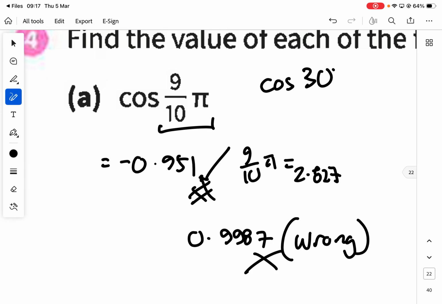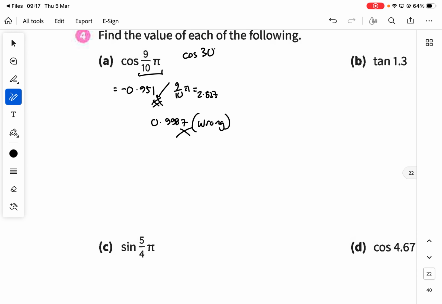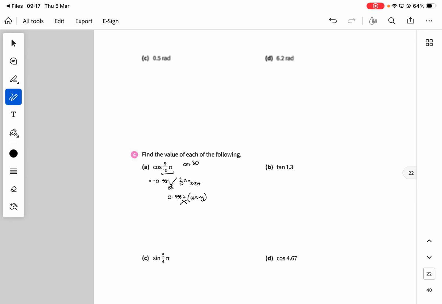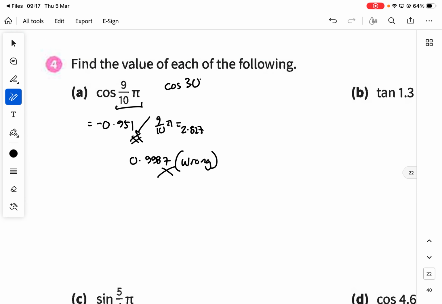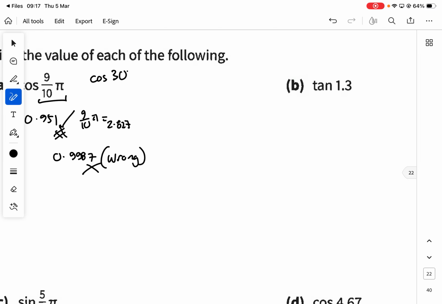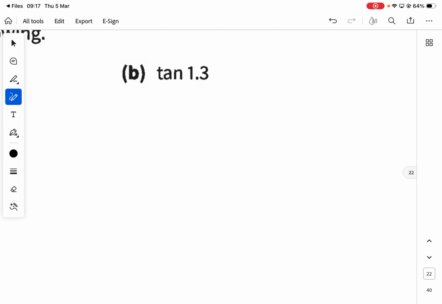but my calculator is in degree mode. The calculator will tell me 63.57, and this one is in degrees. Okay? So at first we start with this. This is a ratio. Ratio itself got no degree or radian.